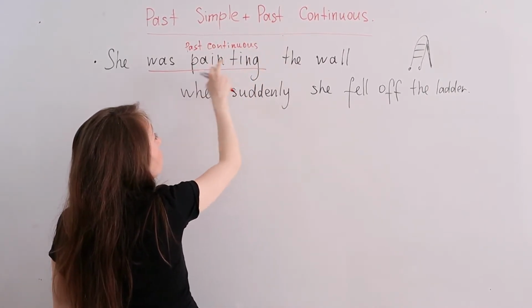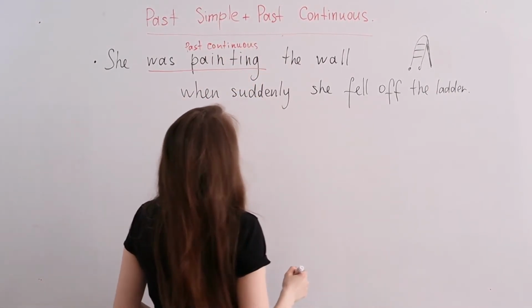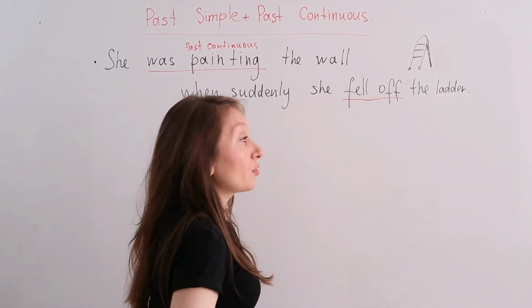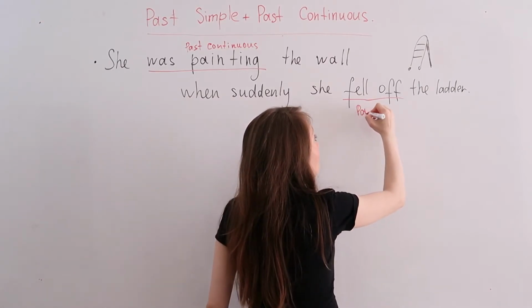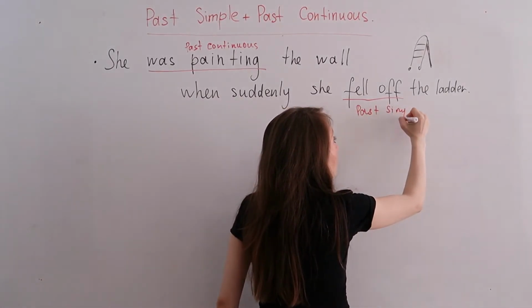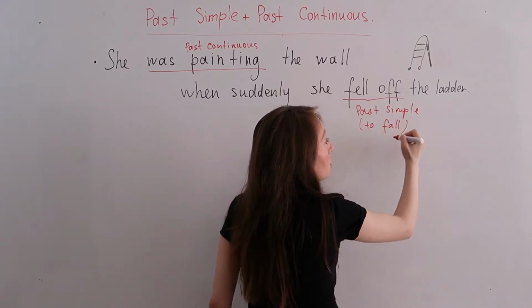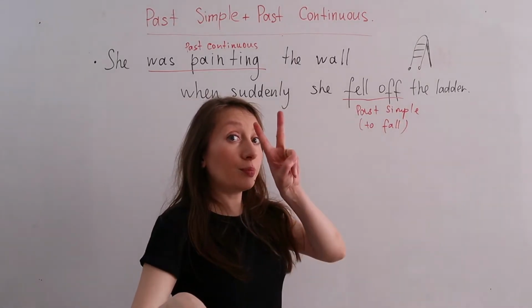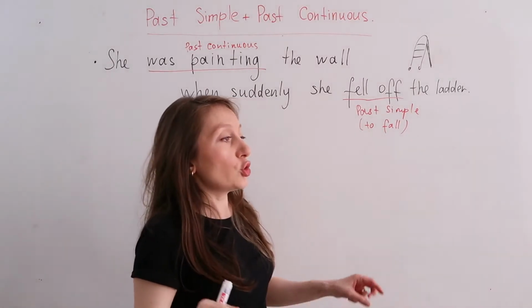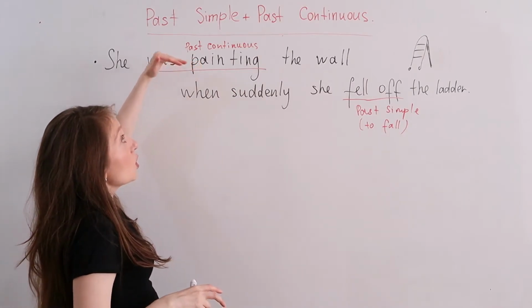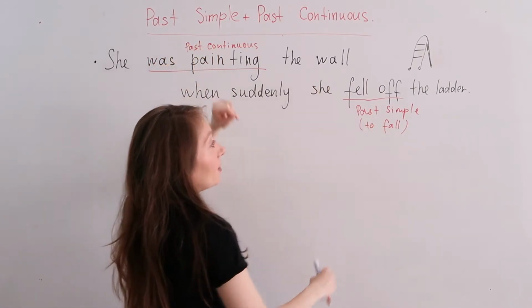Because you see was and verb ing. And when suddenly she fell off, right? This is past simple. Past simple of the verb to fall. You know, fall, fell. So we have two verbs. One of them past continuous, one of them past simple.